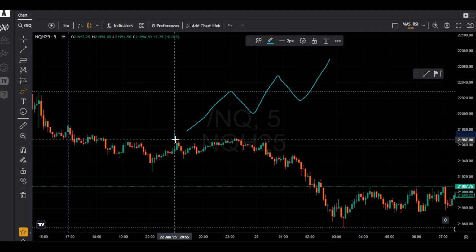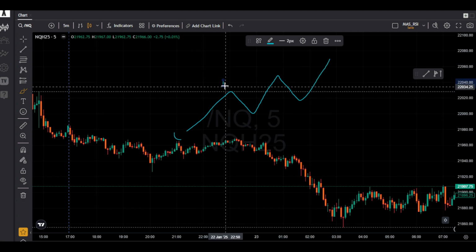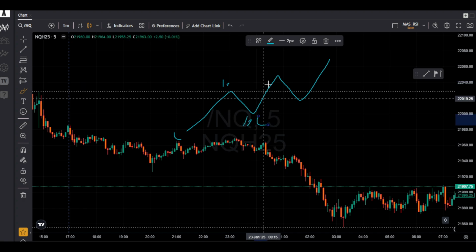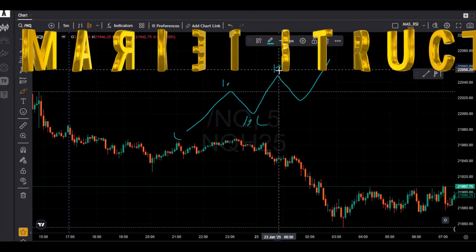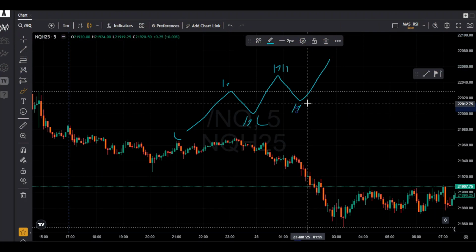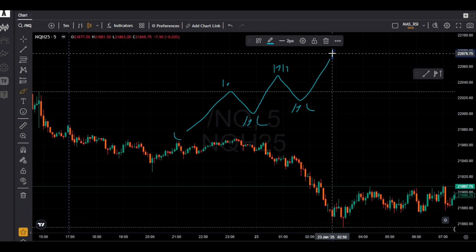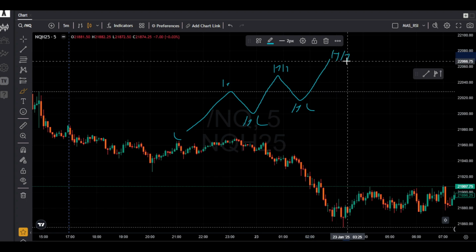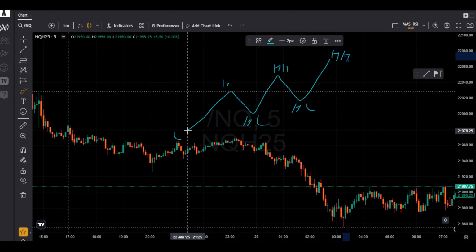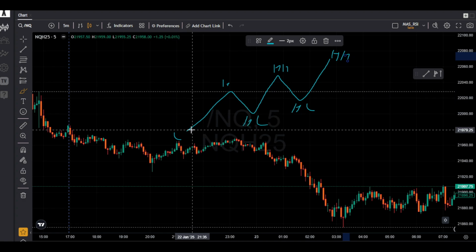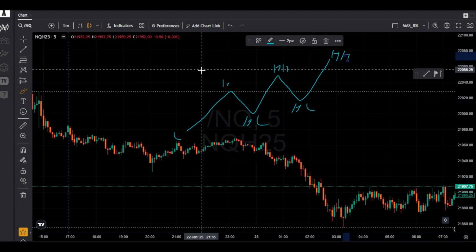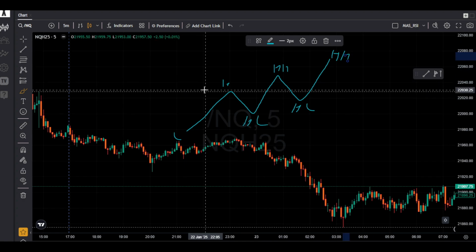So here's our low, here's our high, higher low, higher high, another higher low, another higher high. What we are looking at is an uptrend, low, high, higher low, higher high, higher low, higher high. So we should be looking for buying opportunities, not selling opportunities.